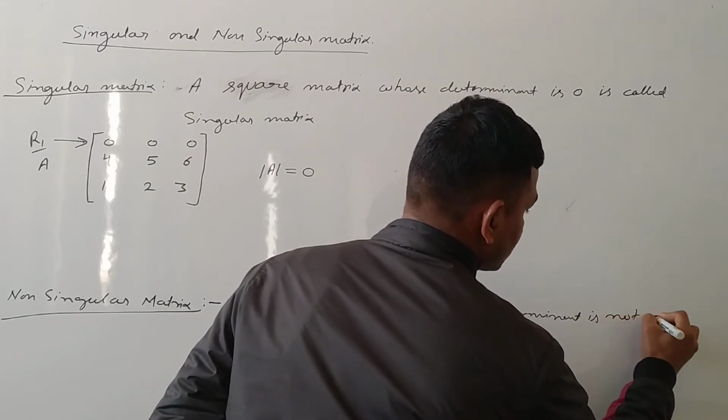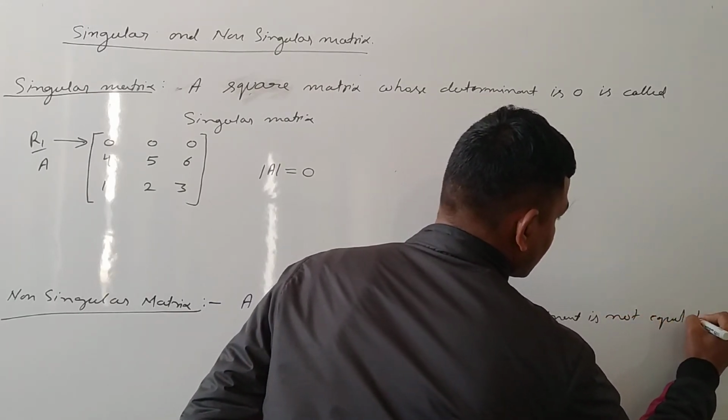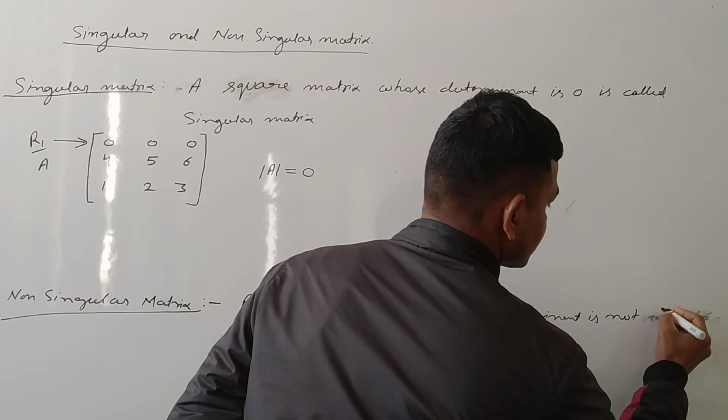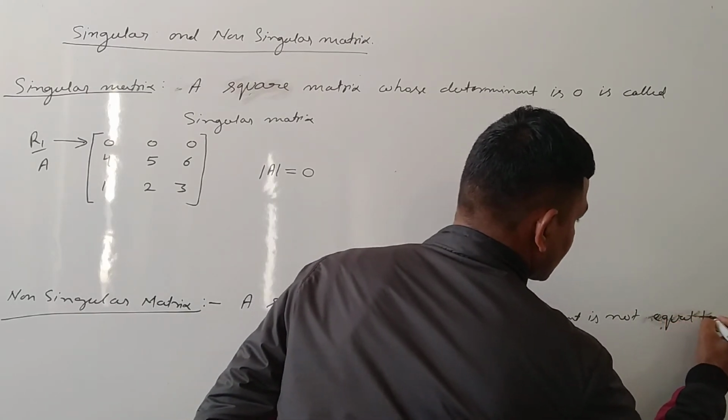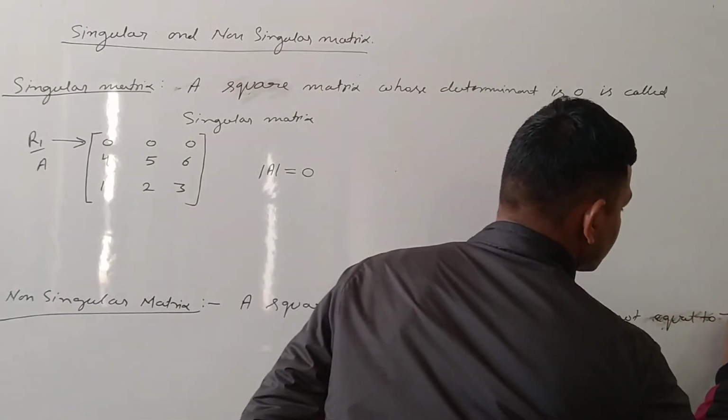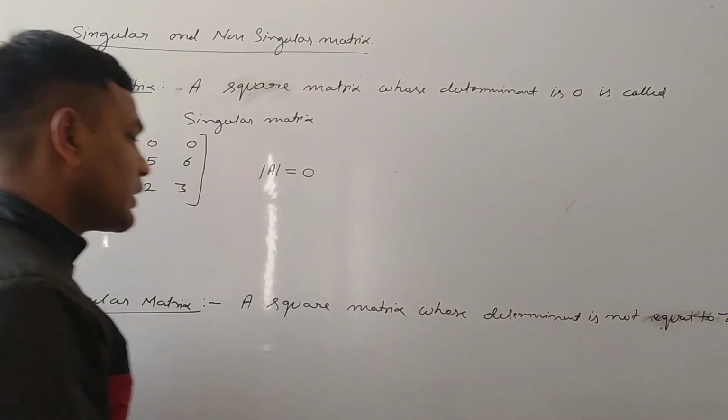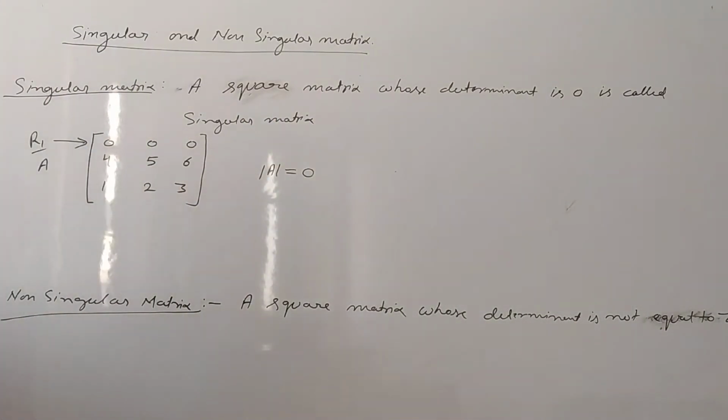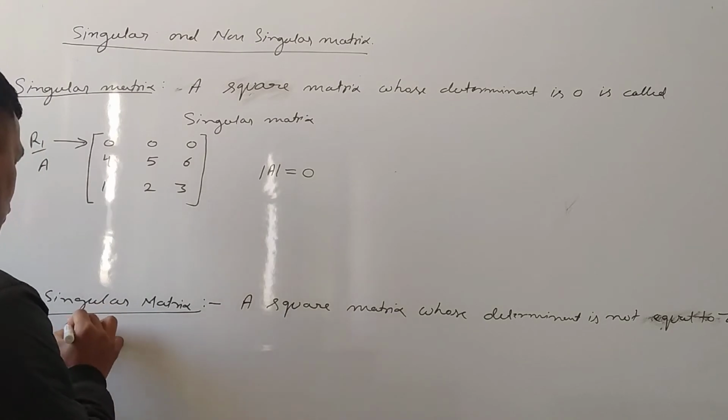A square matrix whose determinant is not equal to 0 is known as a non-singular matrix.